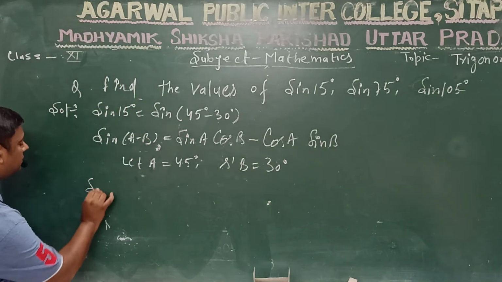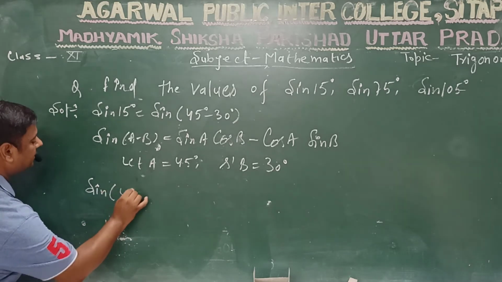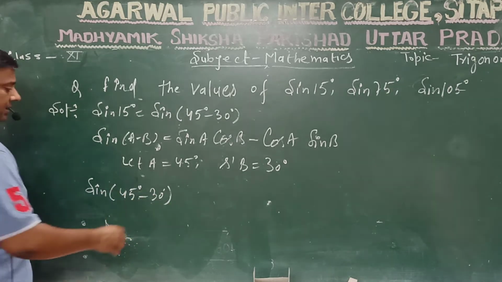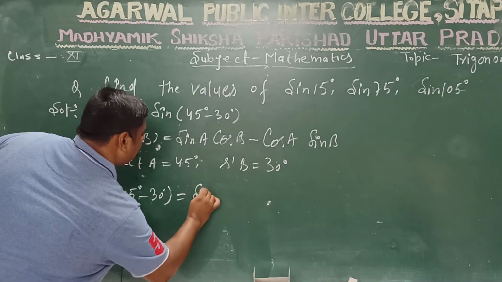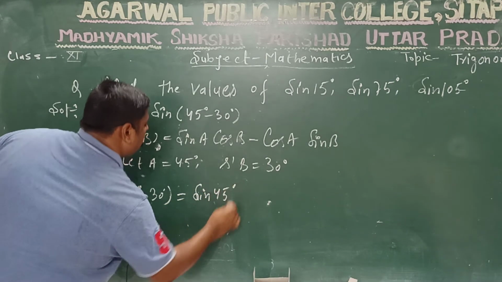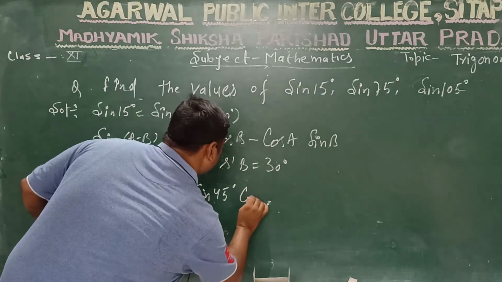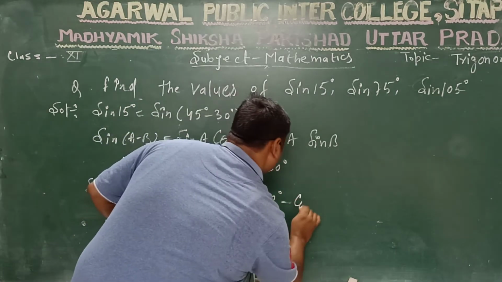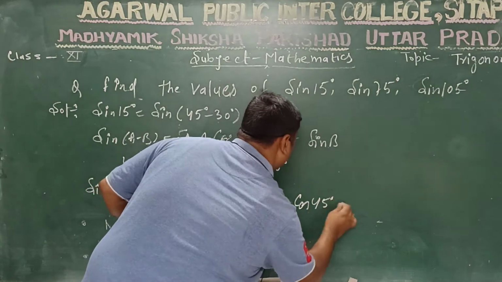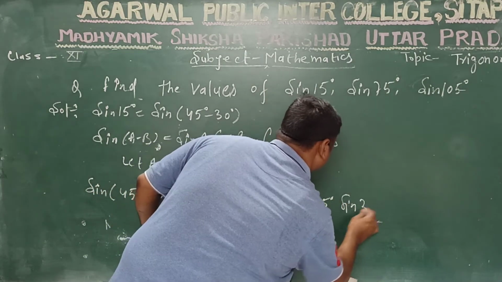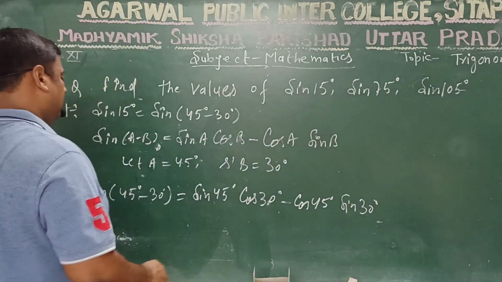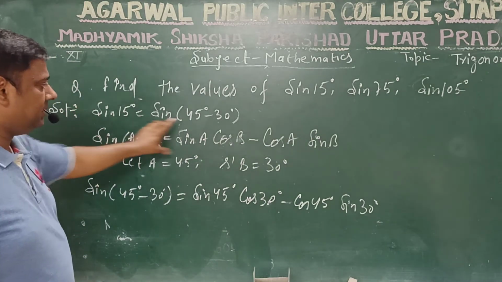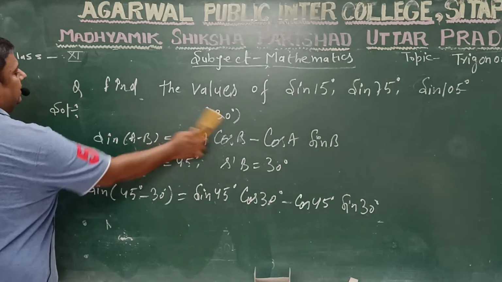So now sin of 45 minus 30 is sin 45 cos 30 minus cos 45 sin 30. Okay, my dear students, I hope you will write these lines. So now we will do the rough work.